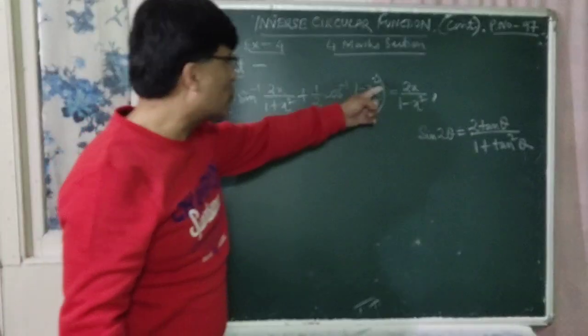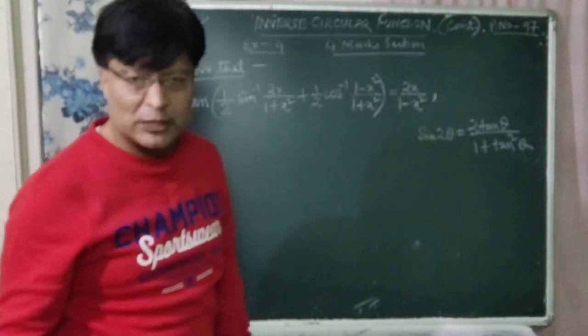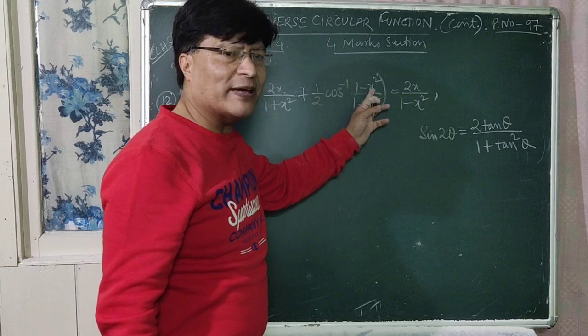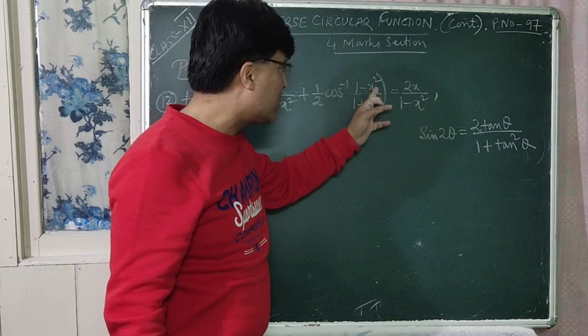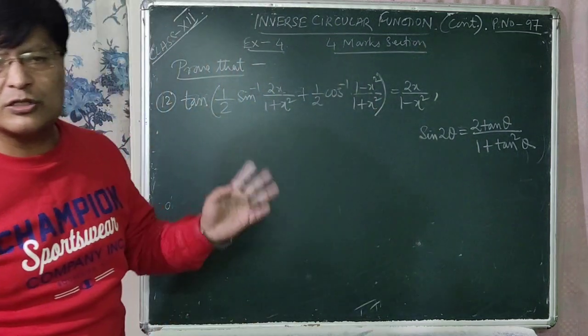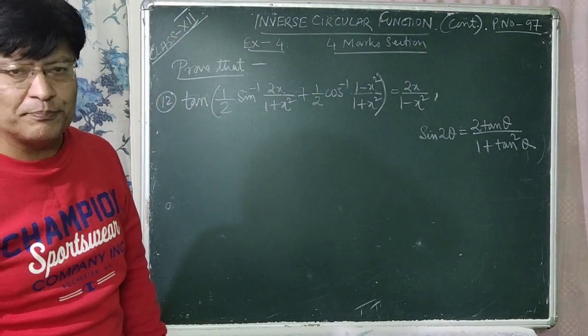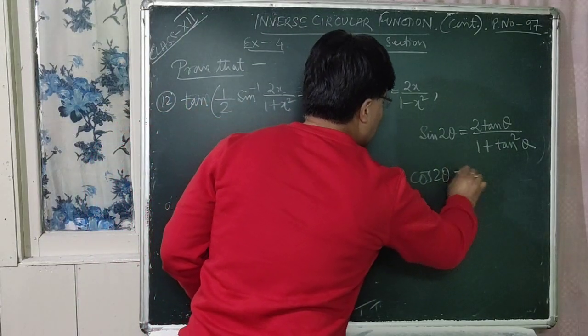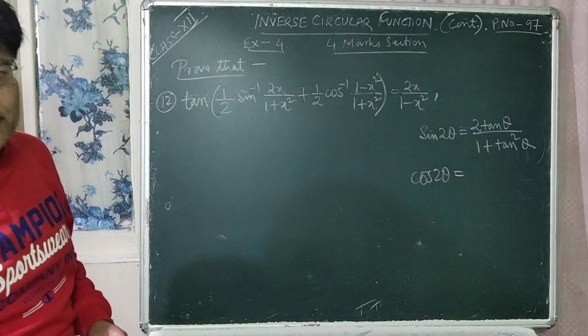Next, this is half cos inverse 1 minus x square upon 1 plus x square. So in this case, what will be the trigonometric substitution for x, so that we can have cos inverse cos theta or cos inverse cos 2 theta form? You know the formula cos 2 theta in terms of tan, isn't it? What is cos 2 theta in terms of tan theta?